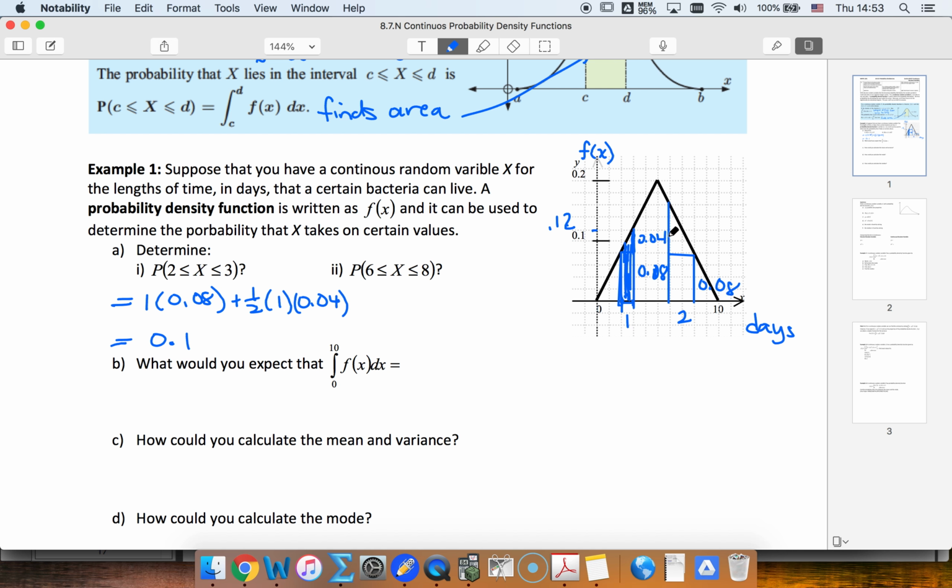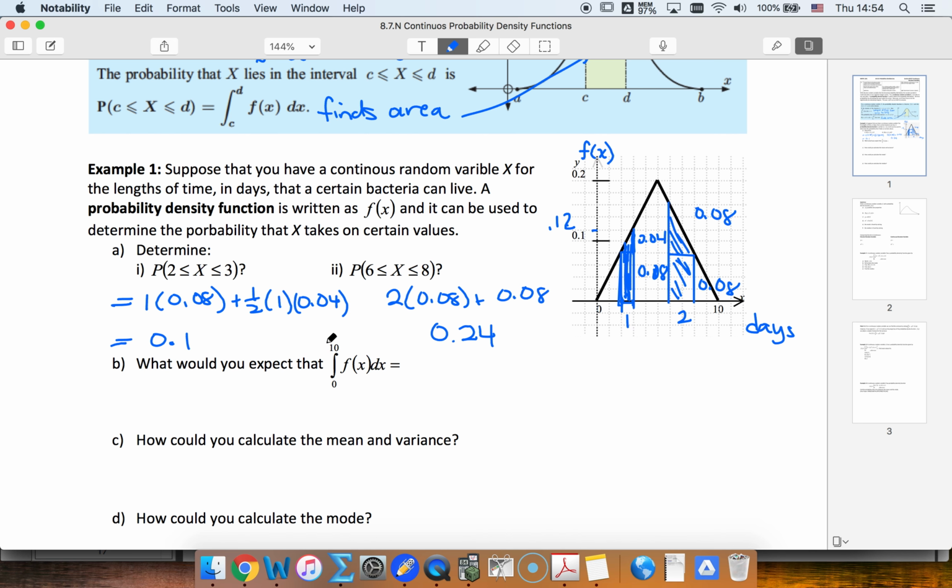This height, 2, 4, 6, same height. All right, so I'm going to have 2 times 0.08 plus a half times 2 times 0.08. That'll just be 0.08. And I'll end up with 0.24 as the probability. I can see that this area is greater than this, so it makes sense that I have a greater probability.